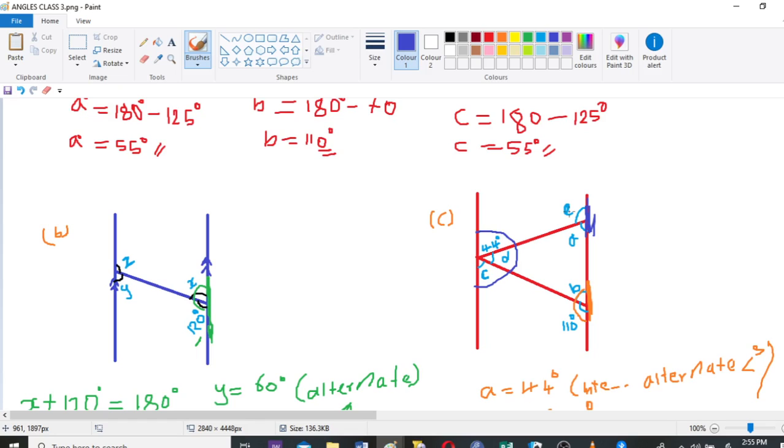Okay, so this makes them what? Supplementary angles. Okay, and what is the property of supplementary angles? They add up to 180. So we can say that E, if we add it with 44 degrees, should give us 180 degrees.